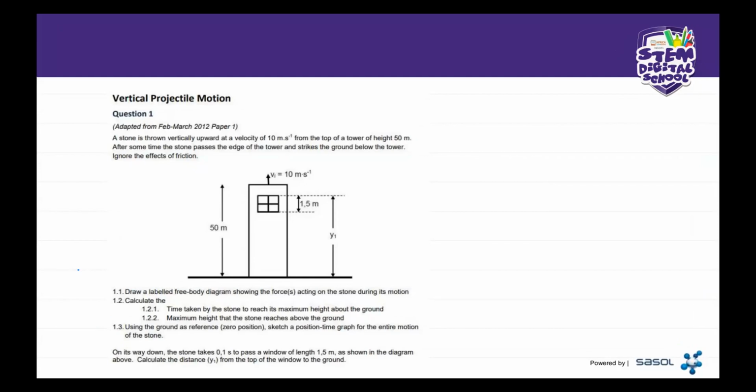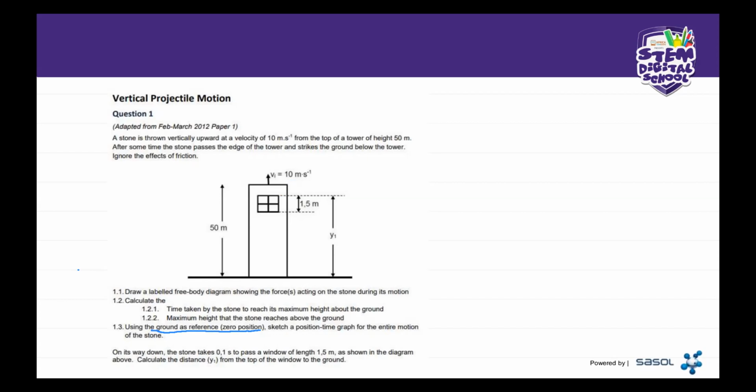They say they're using the ground as reference. And yes, indeed, we always use the ground as reference unless otherwise stated, unless they tell us to use the window as a reference or use the top of the building as reference. It's very important that your reference is according to what is stated. So that's the most important part, that we are using the ground as our reference.